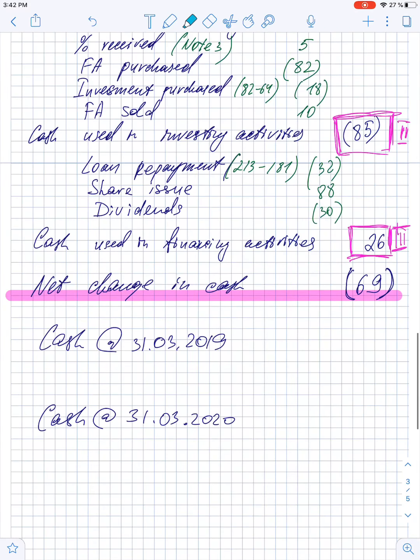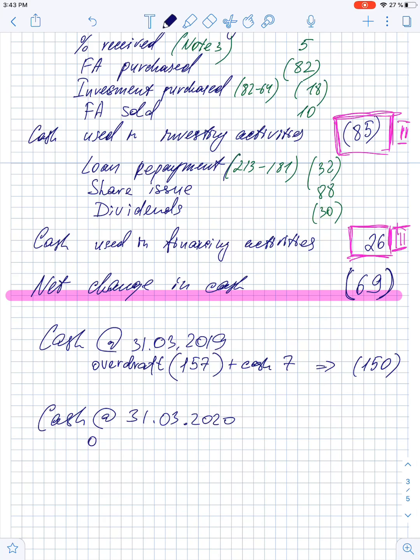So we have to sum these figures up. Overdraft of 157 with a minus sign plus cash of 7. That would lead us to cash with negative sign 150.